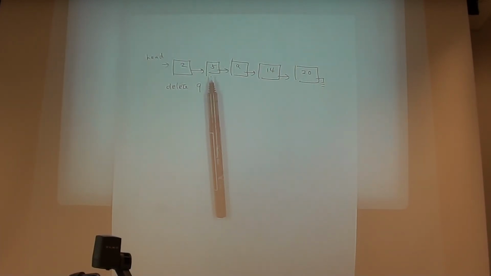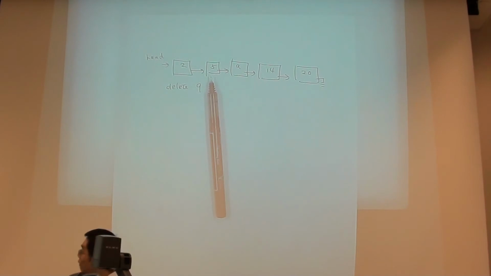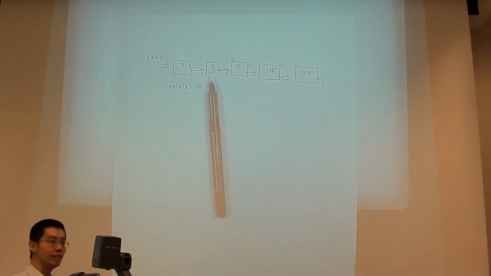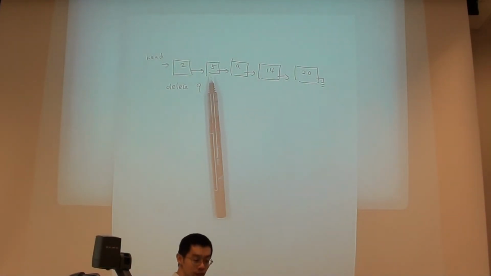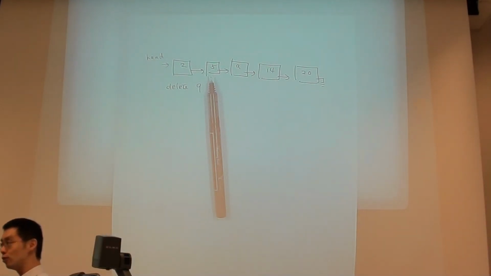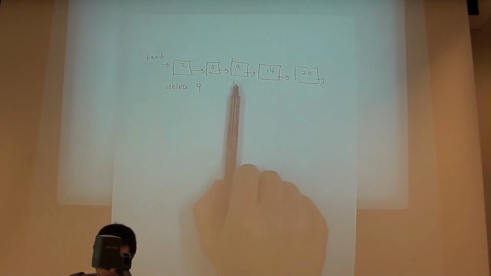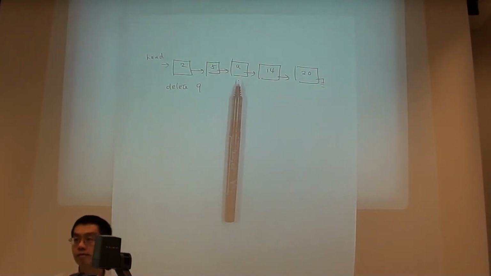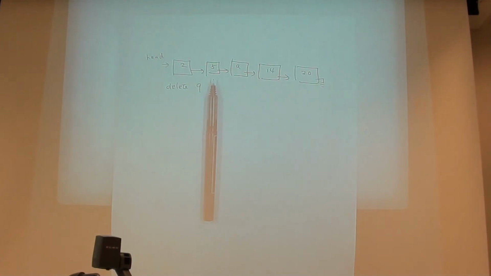The first condition is head is null; it is not because I'm pointing to node 5. The variable is 5. So the first if condition is not true. The second if condition is not true either because the variable is 5 and I want to delete 9. So neither if condition is true. Therefore, I'm going to move to this node. Any questions so far?